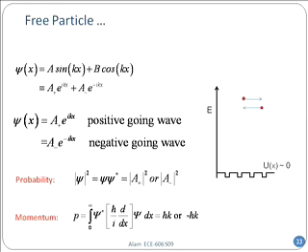If I have a function e to the power ikx, what will be the psi star? E to the power minus ikx. This is simply the complex conjugate. If I insert it in here, you can see that the momentum will show that e to the power plus ikx is moving to the right, and e to the power minus ikx is moving to the left, right? From this expression.